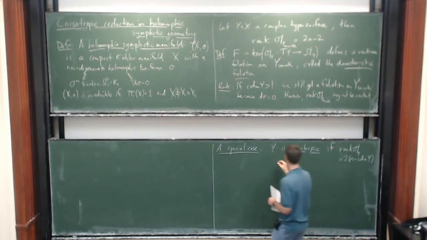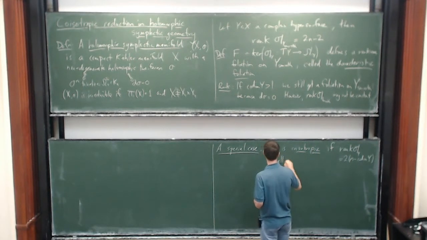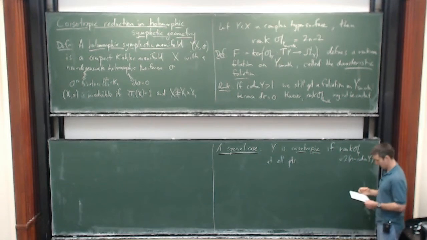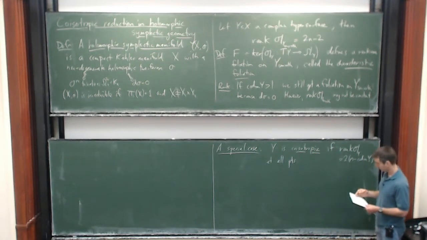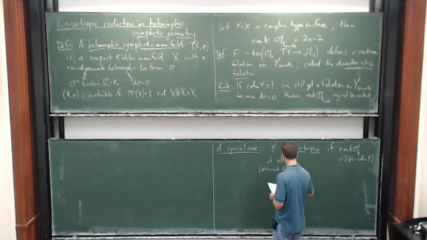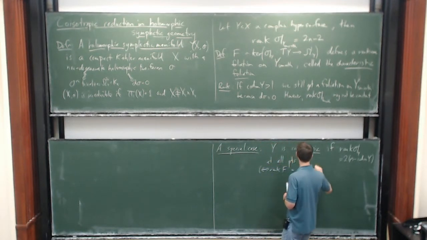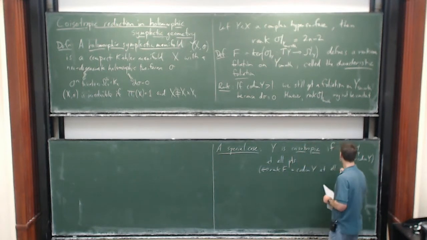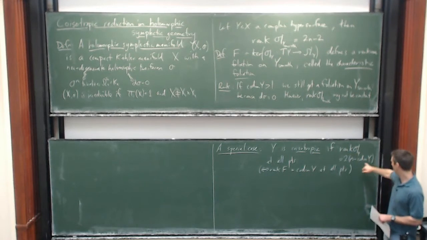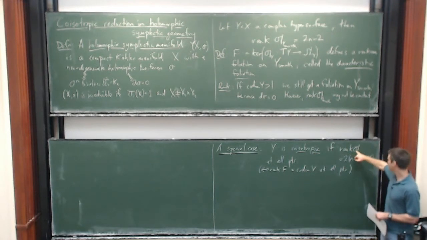So if it's equal to that at all points. And so this is the same as saying that the rank of the foliation is equal to the codimension of Y at all points. So this is the minimal rank that this could be at any point.